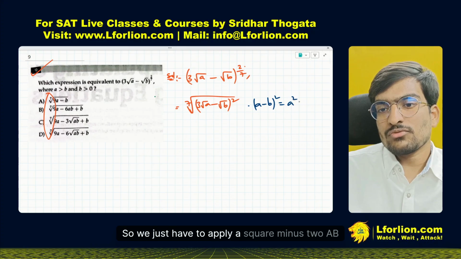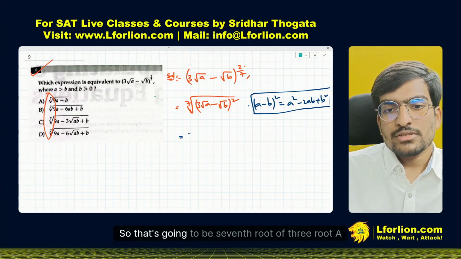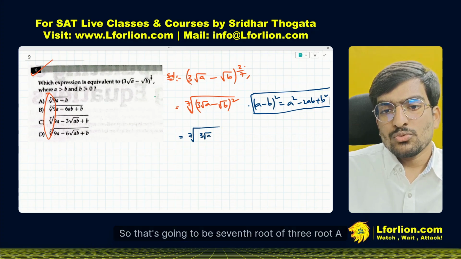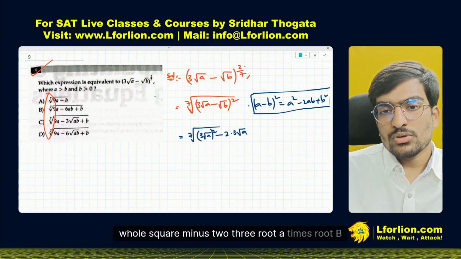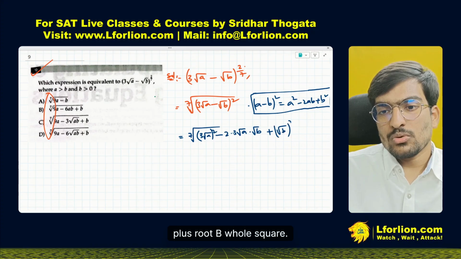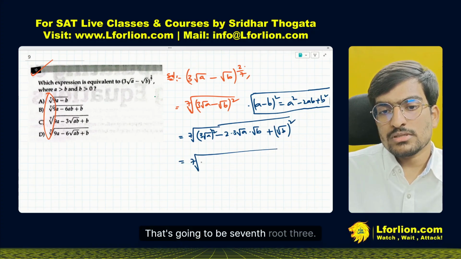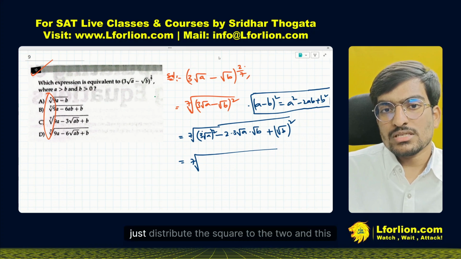So we just have to apply a square minus 2ab plus b square. That's going to be the 7th root of 3 root a whole square minus 2 times 3 root a times root b plus root b whole square. So I just applied a minus b whole square. Just distribute the square to the 3 and this root.